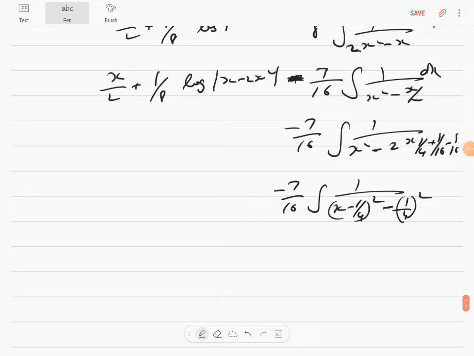So it's like 1 by 2a into log of mod of, so minus 7 by 16 into 1 by 2a, yeah, x square minus a square, yeah, 1 by 2a, 2 into 1 by 4 which is 1 by 2, so this and this anyway get cancelled, to log of mod of x minus a by x plus a.